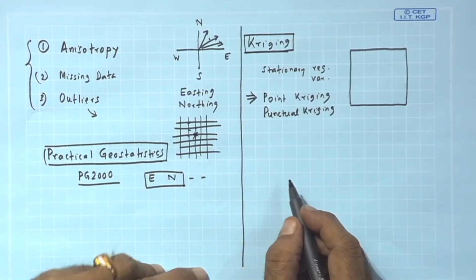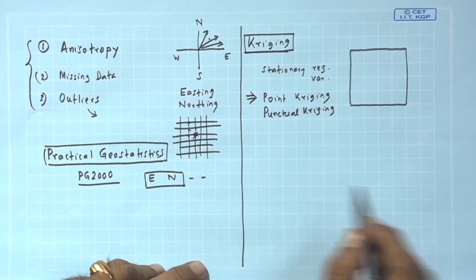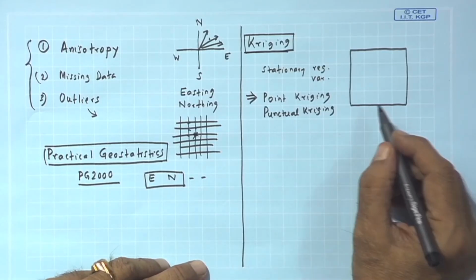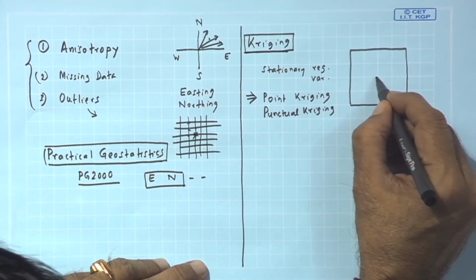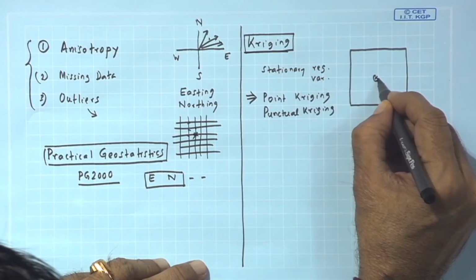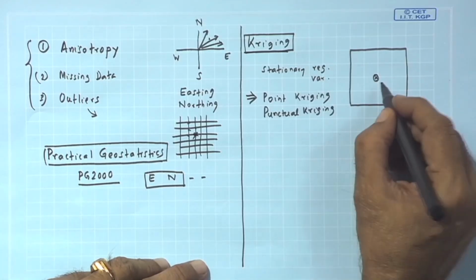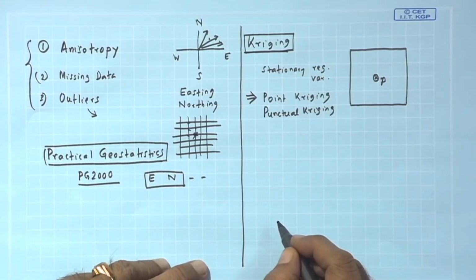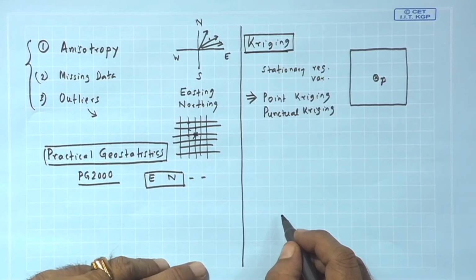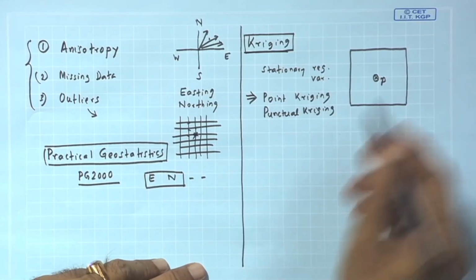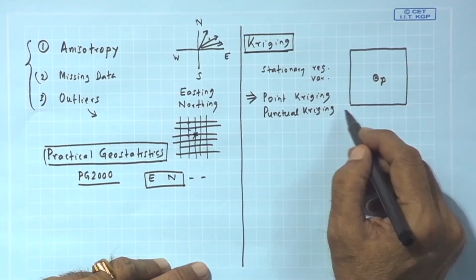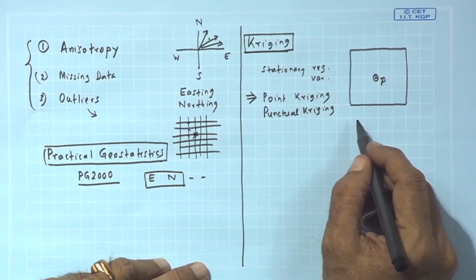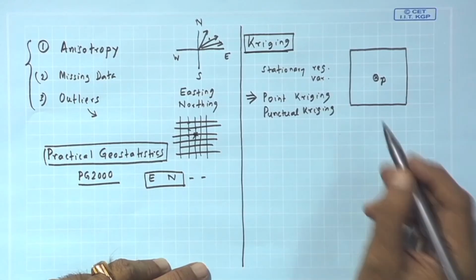Essentially telling us that the value of the regionalized variable at any particular point can be determined by using this procedure. Let's think that we want to estimate at an unknown point P the value of the regionalized variable, let's say it's our grade, and this is the spatial limit within which the semi-variogram model is valid.